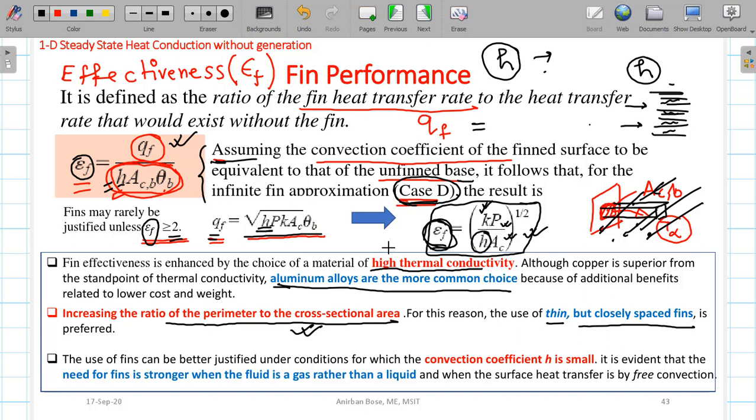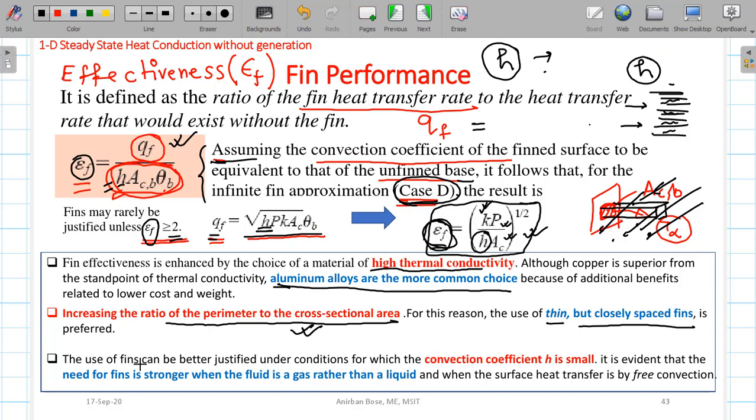When this kind of situation occurs, and if you use fin, then definitely you will be benefited. Definitely if h is more, then heat transfer will be more. But remember, if h is less in a situation, then effectiveness of fin you can definitely call is more.